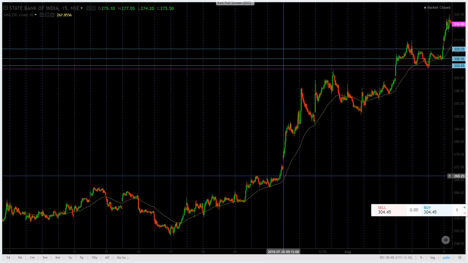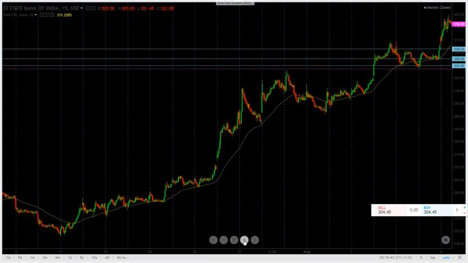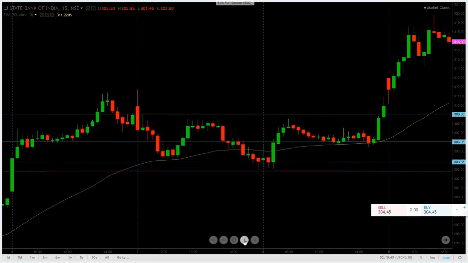So hence the strategy, friends, you have to keep this in mind: whenever you are trading in this strategy, your first target can be rupees 1, or the second target if it is more than rupees 1, and if in the way your 50 exponential moving average is coming, then that is going to be your second target.